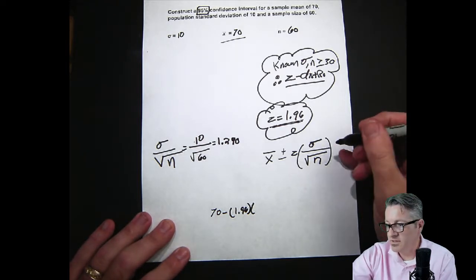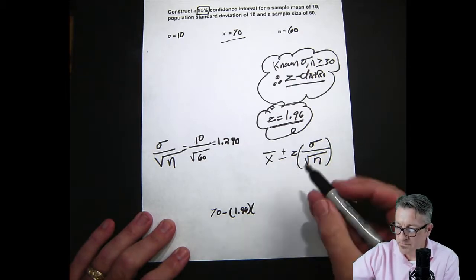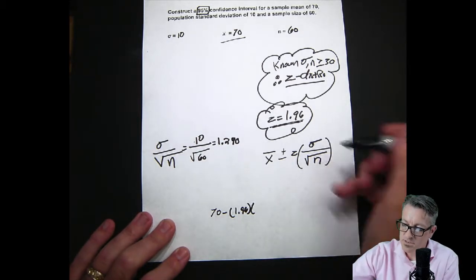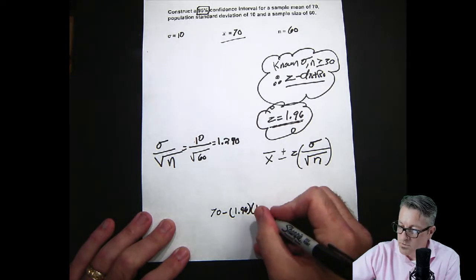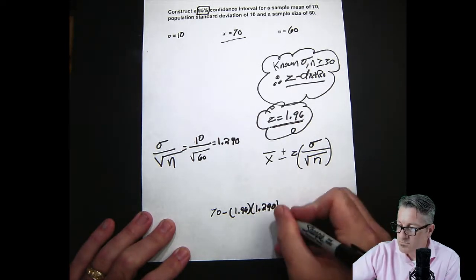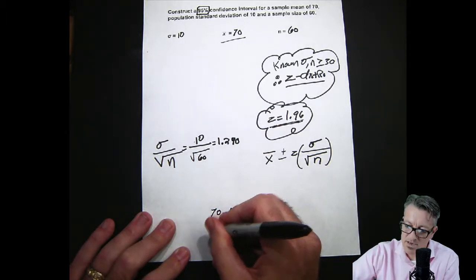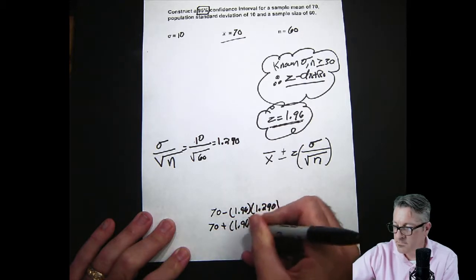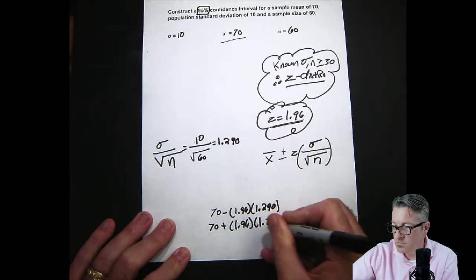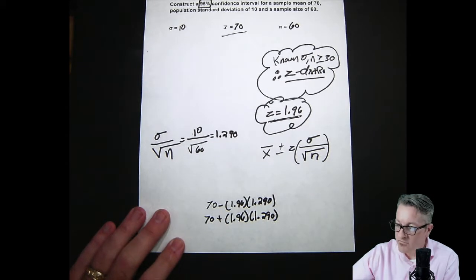It's the standard deviation of the sampling distribution, but it's also considered the standard error, and that is 1.290. And on the same note, we do 70 plus 1.96 times 1.290. So that's our positive and negative range.